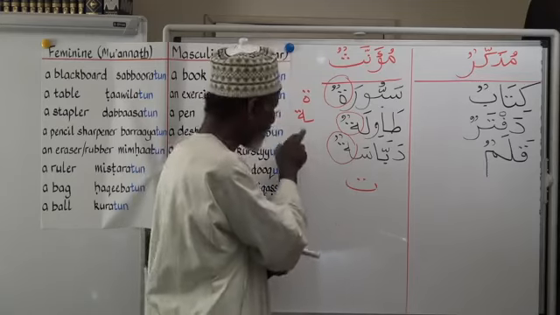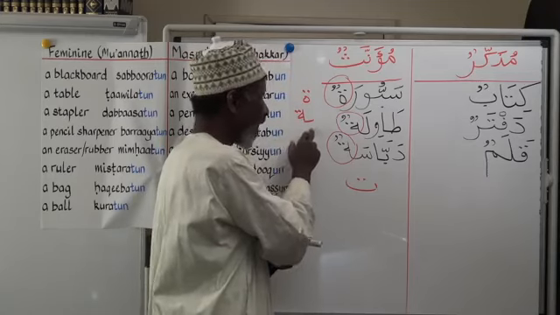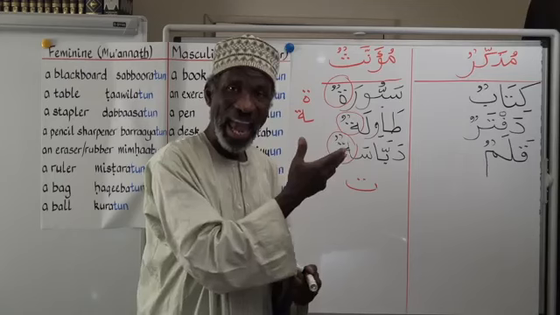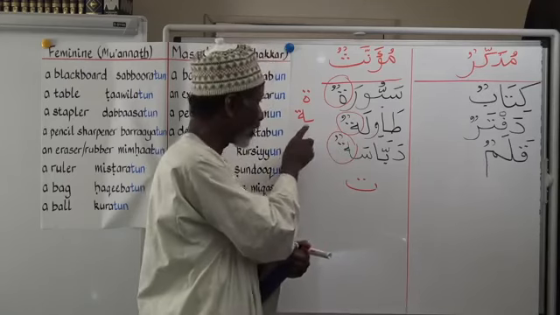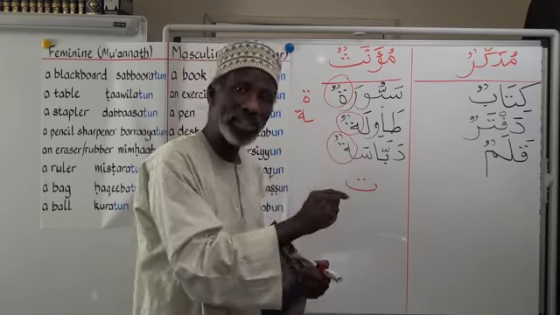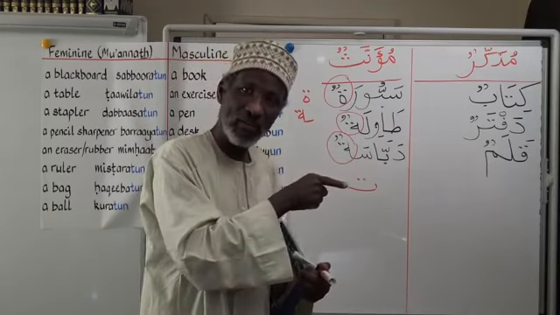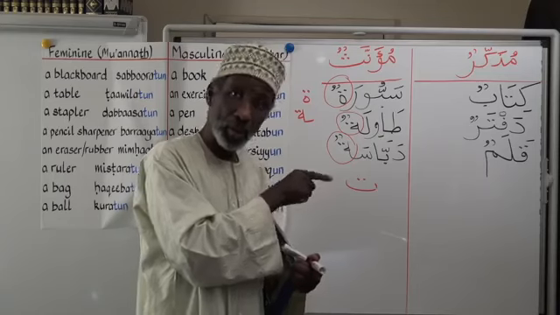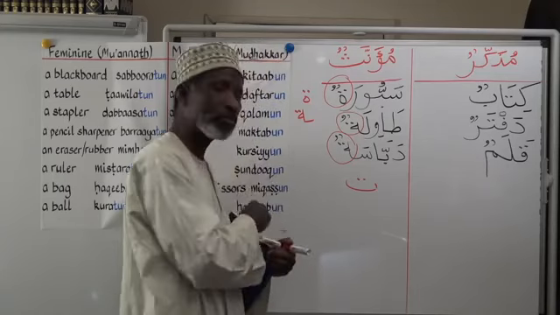But when you see a noun, a word if you like, ending with ta marbuta, this shape and that shape happens when you have a letter which can be extended forward. And then we join ta marbuta, this shape.